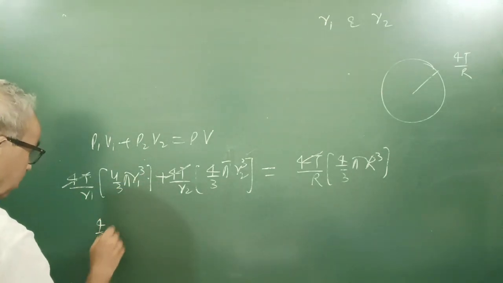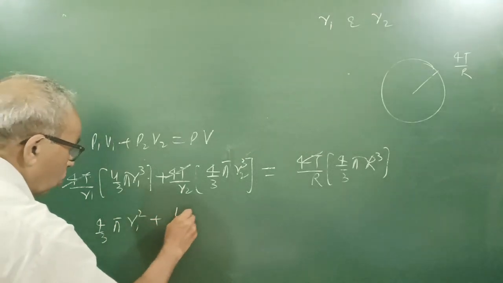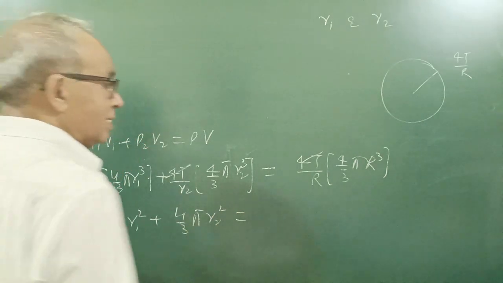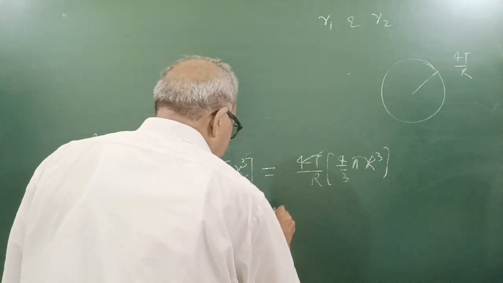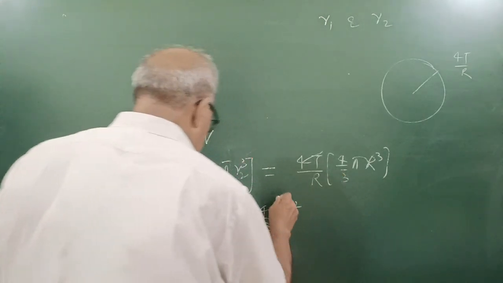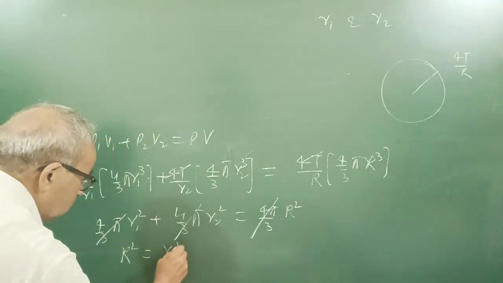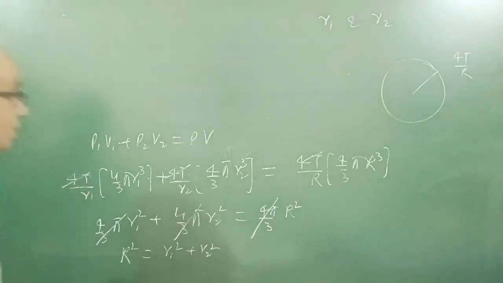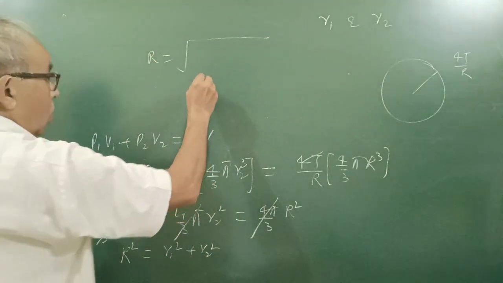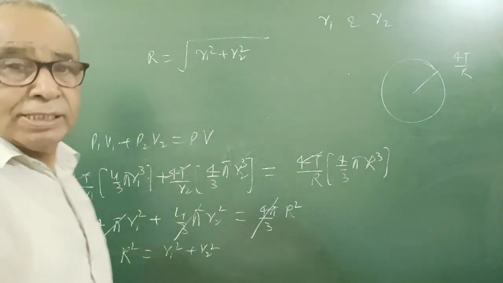4 by 3 pi R1 square plus 4 by 3 pi R2 square is equal to 4 by 3 pi R square complete. So R square equals R1 square plus R2 square, and therefore R equals under root R1 square plus R2 square.